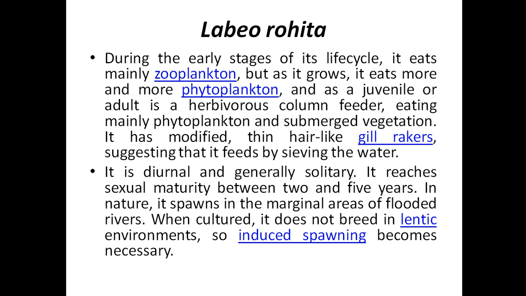Usually in the early stages, this Labeo feeds on zooplankton. Then it grows and starts eating phytoplankton also. Juveniles or adults all are herbivores and they feed in the water column, eating mainly on phytoplankton and submerged vegetation.